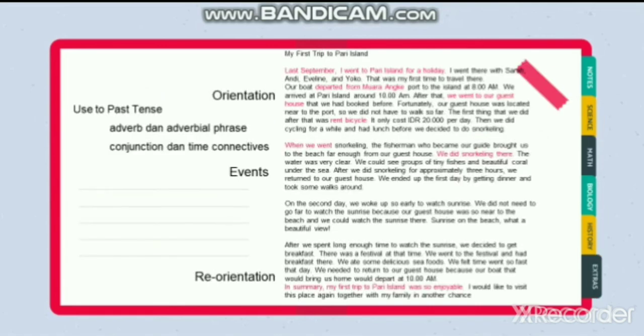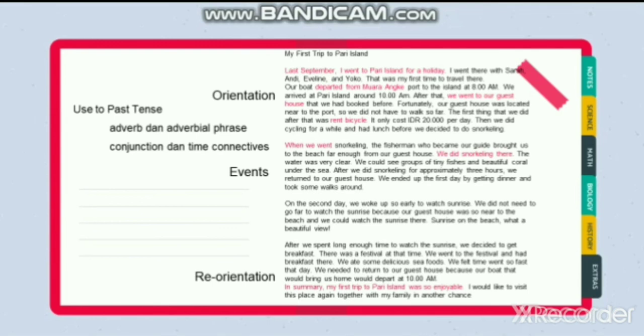This is an example of recount. The title is My First Trip to Fairy Island, and these are the characteristics of recount: using the past tense, adverb and adverbial phrase, conjunction, and time connectives. Okay, first we can check and look for past tense.